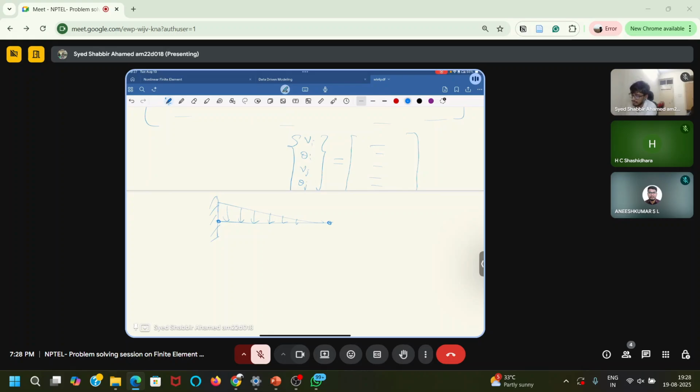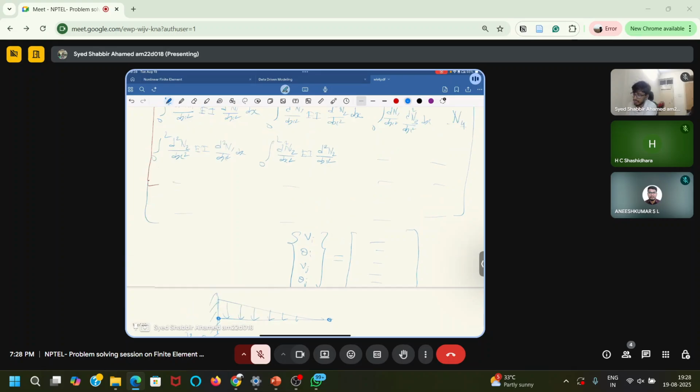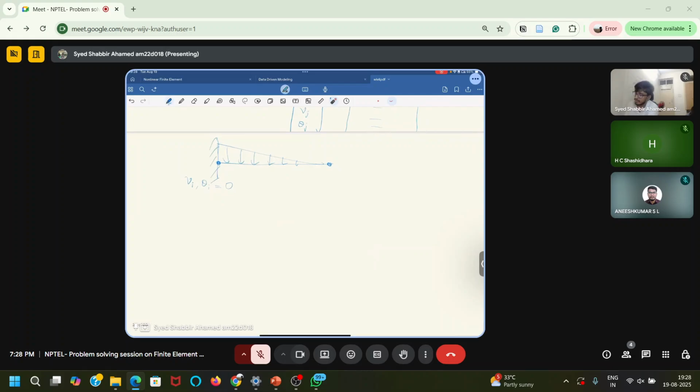Okay? So at this end, Vi and theta i are zero. If I substitute Vi and theta i as zero and multiply with this matrix, the first two rows and the first two columns of this matrix will get eliminated, and finally we will get this matrix.